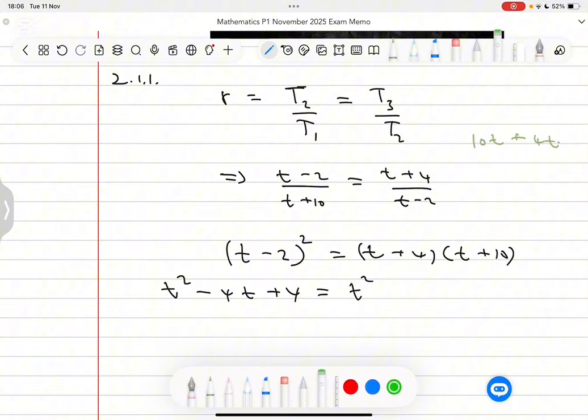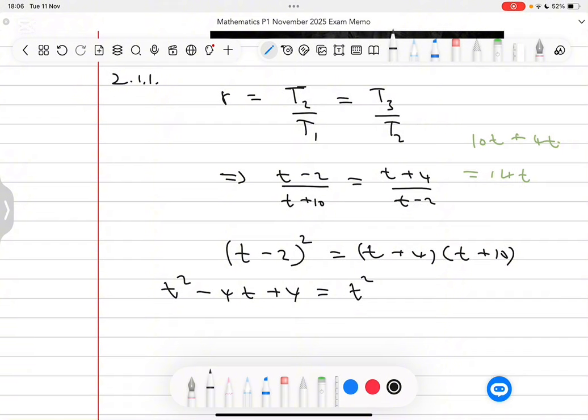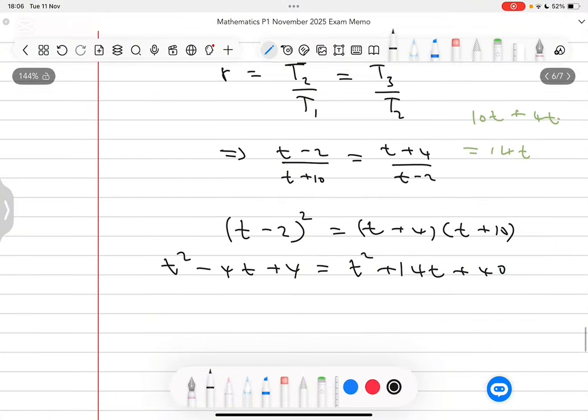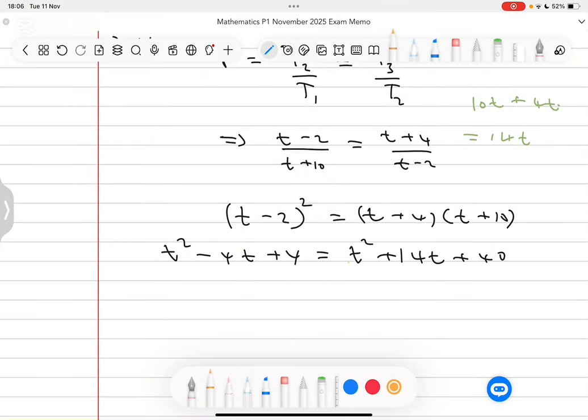And when I combine these 2, I should get 14t. This is why in the middle part I'm going to have a plus 14t. The last term is 4 times 10, which gives me 40. Now, from here, we are going to group our terms and put them on one side.